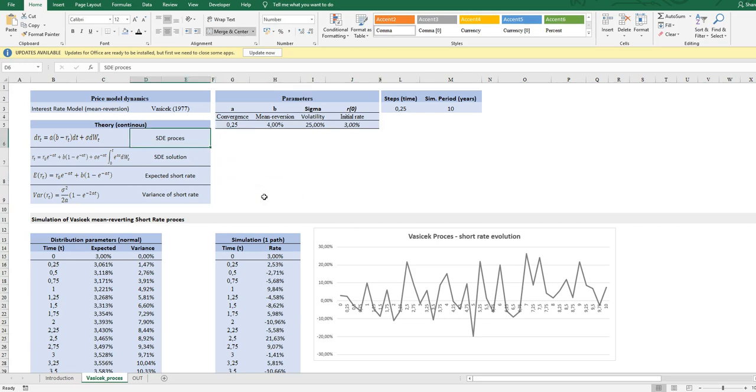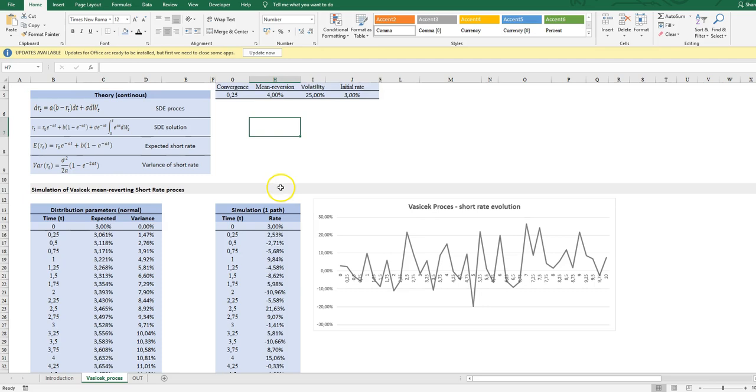The SDE is actually attributable to Ornstein and Uhlenbeck. So theoretically speaking, this is an Ornstein-Uhlenbeck process, but because it is used in the Vasicek modeling of interest rate products, it is associated with the Vasicek name.